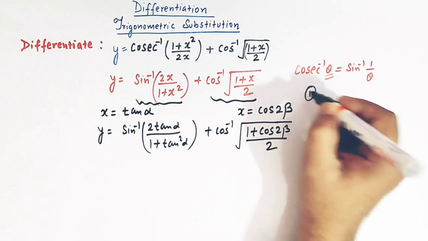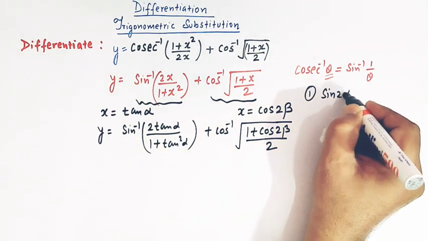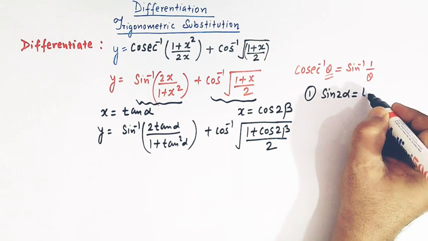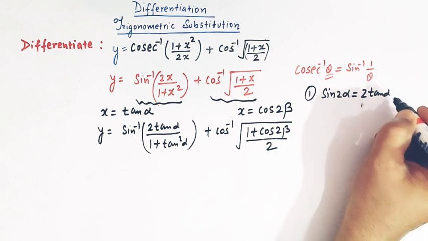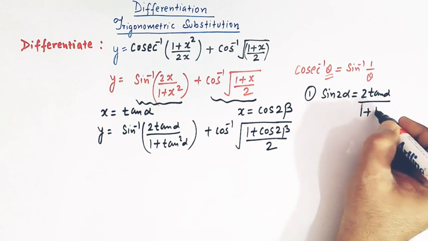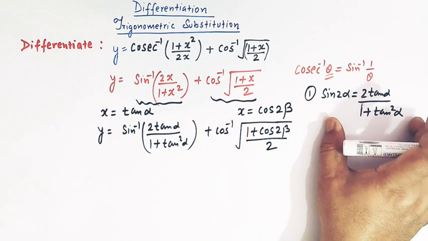Now we have some well-known results from trigonometry, right? The first one is this. We know that sine 2 alpha is given by 2 tan alpha divided by 1 plus tan square alpha, right? So this is a direct result from trigonometry.